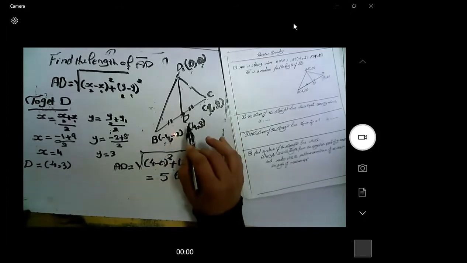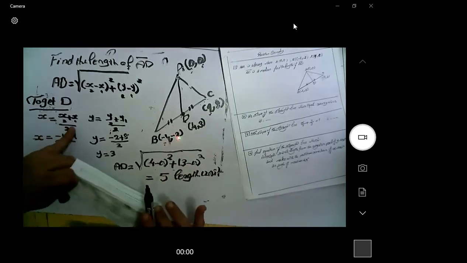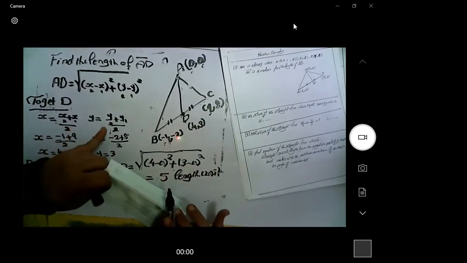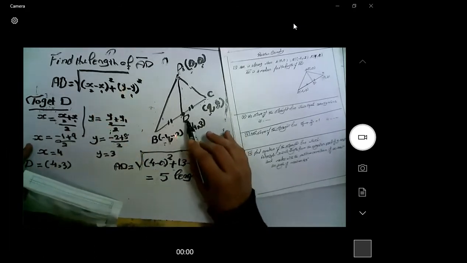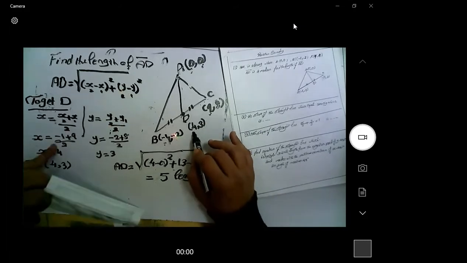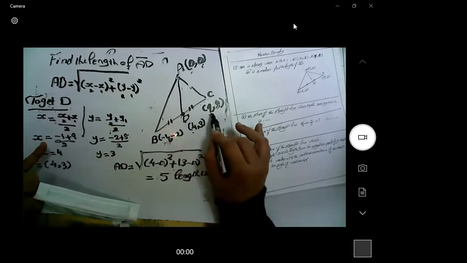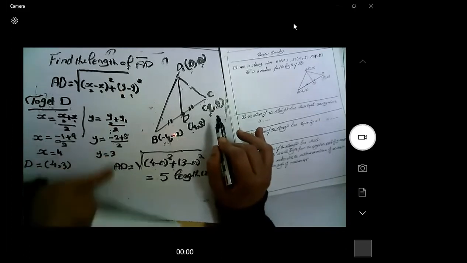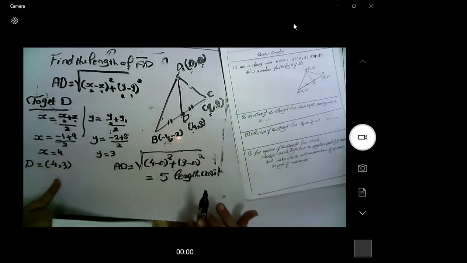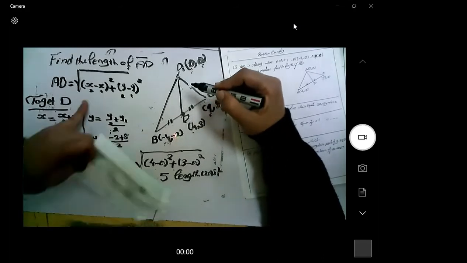Now we will get the coordinates of the point D using the rule x equals (x2 plus x1) over 2, y equals (y2 plus y1) over 2. Then x equals (-1 plus 9) over 2, y equals (-2 plus 8) over 2. Then we have the coordinates of the point D, which is 4 and 3. Now we can get the length of AD by using the distance rule.